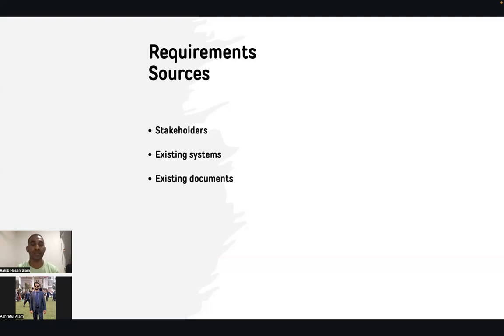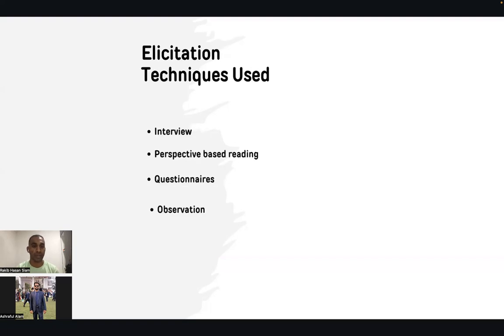We have viewed Google Classroom and MMLS, and also we read some existing documents like articles and research papers. The elicitation techniques that we have used: we did interviews, perspective-based reading, questionnaires, and observation.